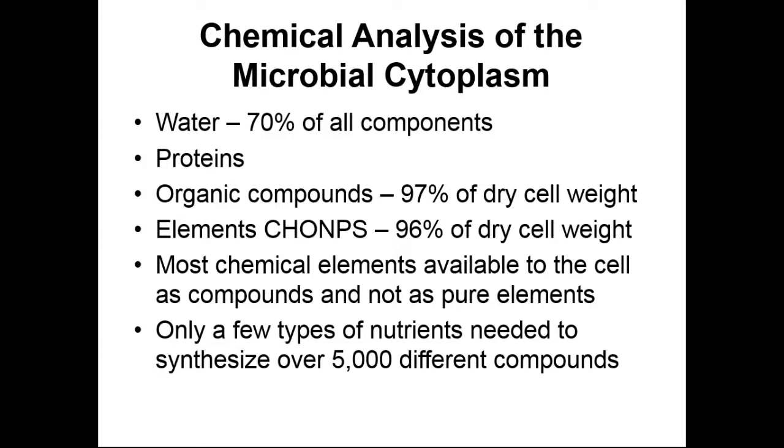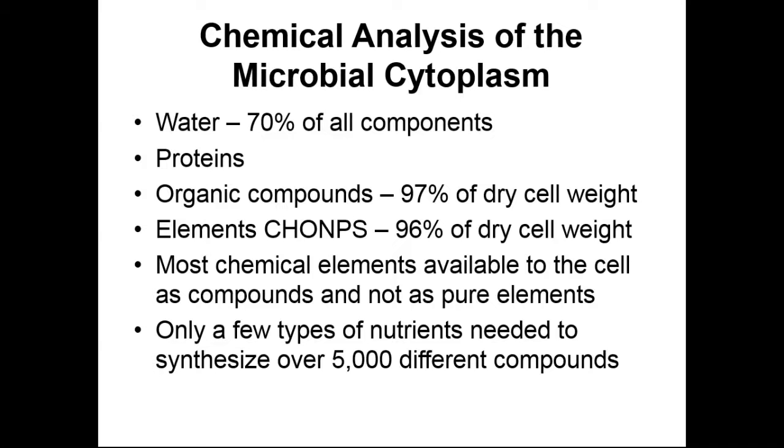All the organic compounds, the proteins, lipids, carbohydrates, and nucleic acids, make up approximately 97% of the dry weight of the cell. The other 3% of the dry weight of the cell, and this is of course after we remove the water, that remaining 3% is going to be trace inorganic compounds.